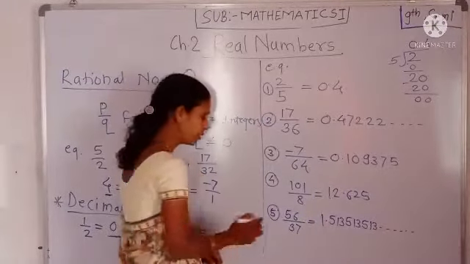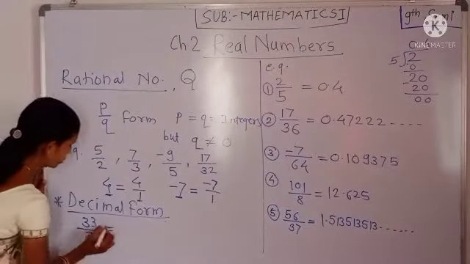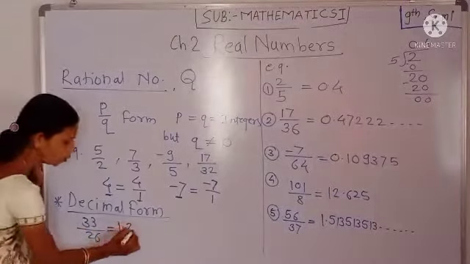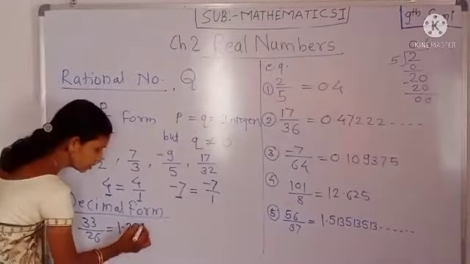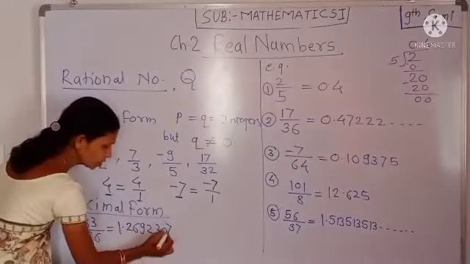One more example is 56 upon 37, which is 1.513 and so on. One more example is 33 upon 26. Here the decimal form we get is 1.26923076923076.